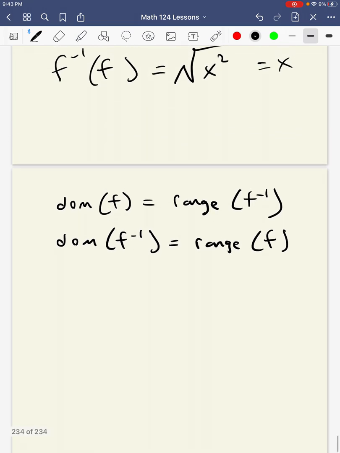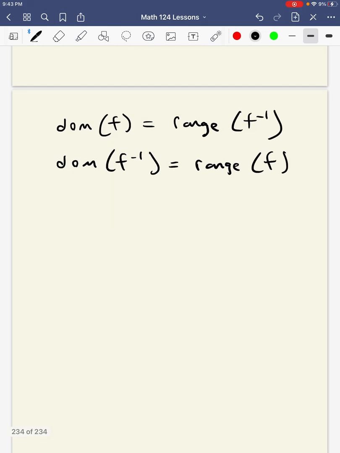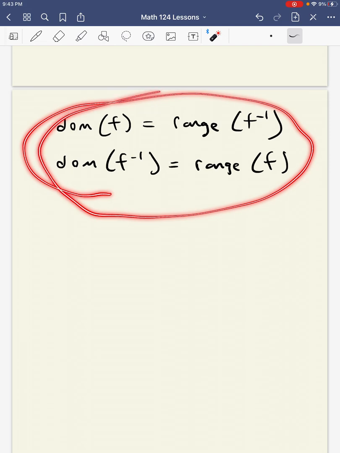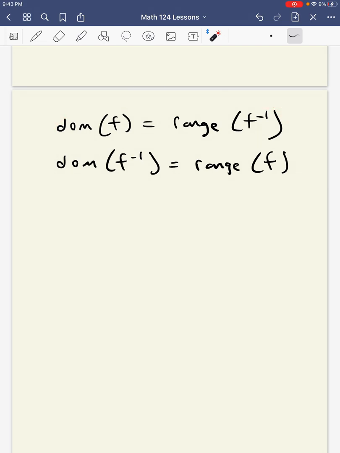And that's not surprising because remember, an inverse function is just when you swap the x's and the y's, right? All the y values equals the range, all the x values equals the domain. So when you invert a function, what you are doing is swapping the domain with the range. So this is just true by definition, right? When we defined the inverse, it was swap all the x's with the y's, so therefore the domain is going to be swapped with the range.